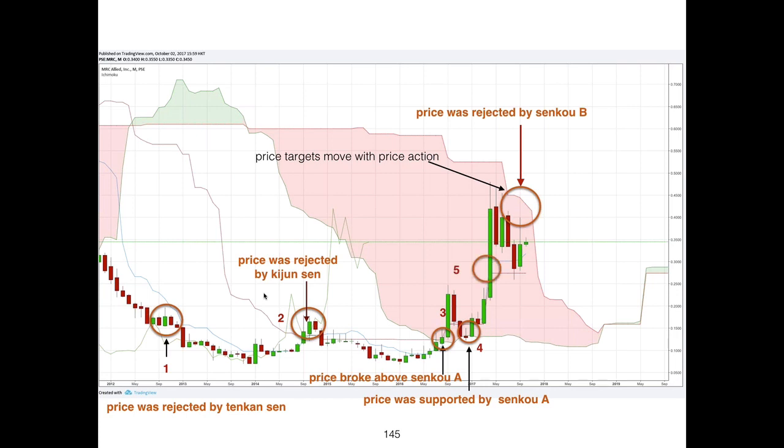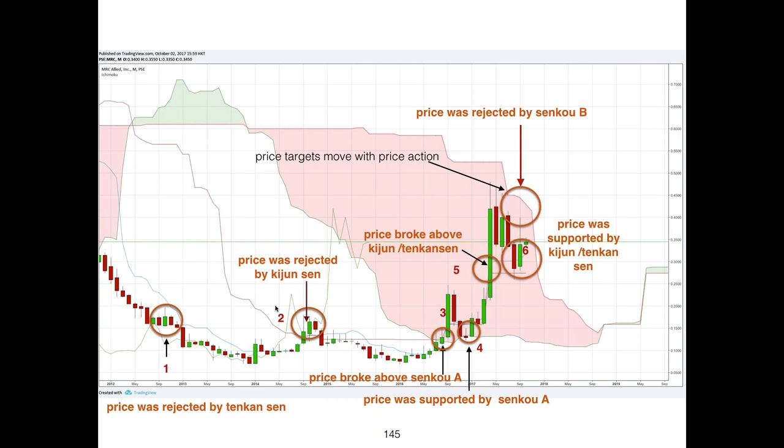In number 5, price broke above the Tenkan and Kijun-sen lines. In number 6, it retested that line as new support. So each Ichimoku line served as resistance on its way up. And once the Kijun-sen and the Tenkan-sen are broken to the upside, we know that the next target would be the Senkous. Since the Senkou A is closer, that would be the first target. And then the Senkou B would be the final target or the price target.